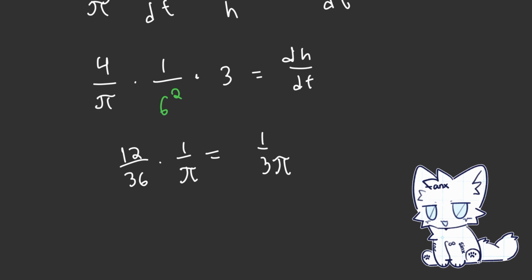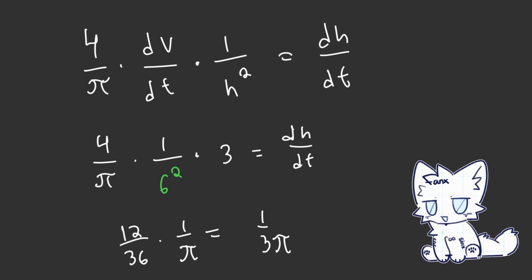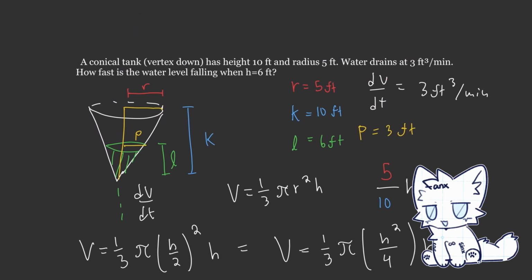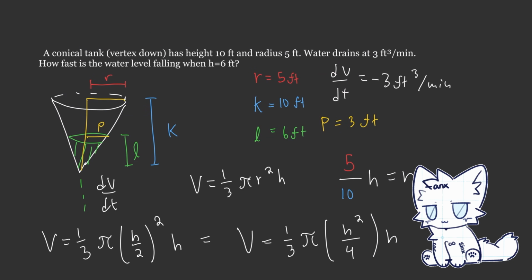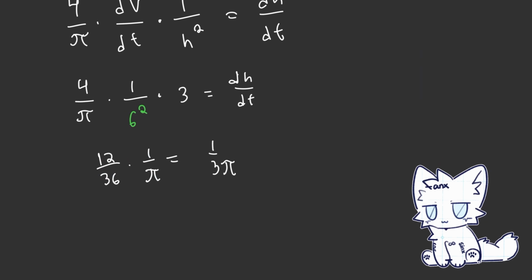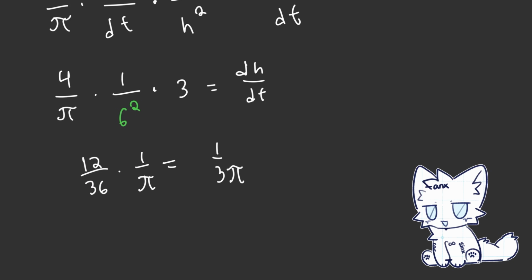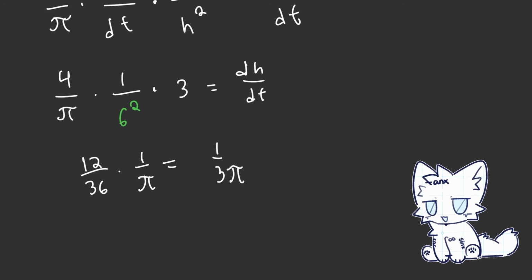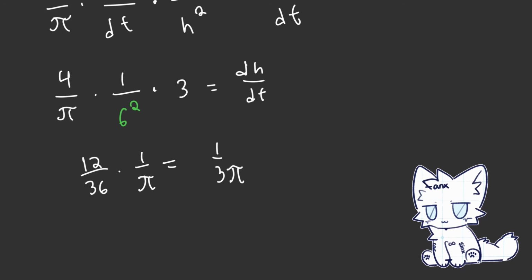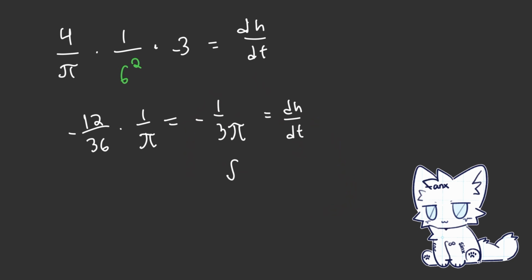Something I forgot to include earlier: the volume would be negative because it's losing volume. That's important to note. So then our change in volume would be negative. So then our answer would be negative 1/3 over pi is equal to the change in height with respect to time. And this would be our final answer, but make sure to include units.